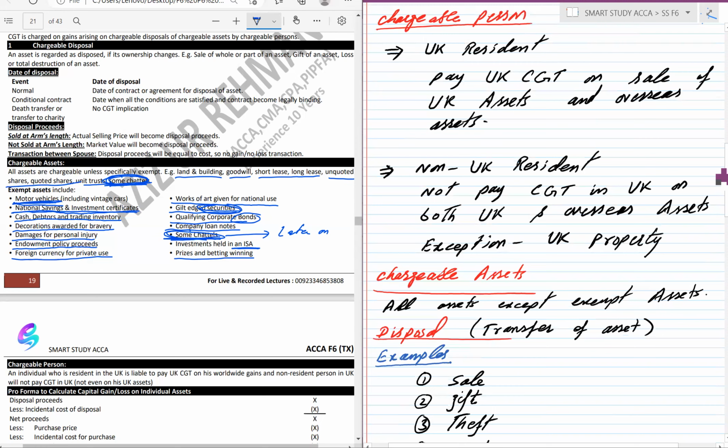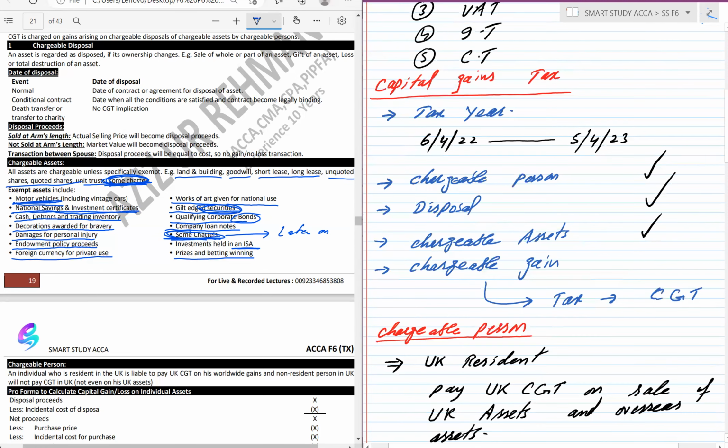Students, we have started capital gains tax, and I have shared a few terms.